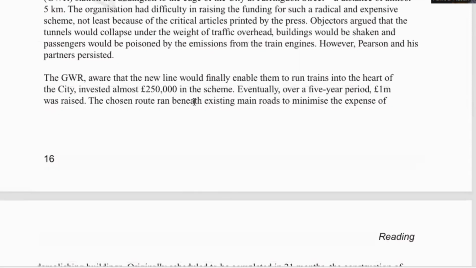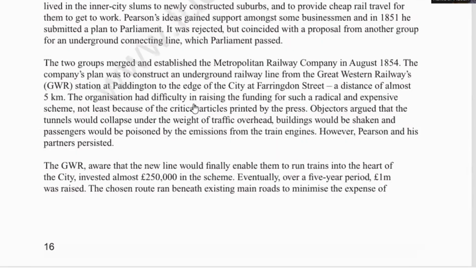Let's see the location of the company. There you see the organization had difficulty in raising the funds for such a radical and expensive scheme.